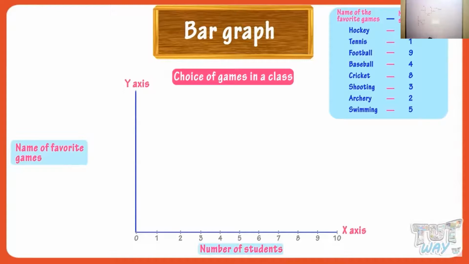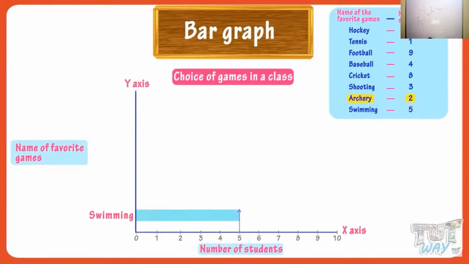Like, it's given that 5 students like swimming the most. So, make a rectangular bar on y-axis up to the mark of 5 and label it with swimming. Now, it's given that 2 students like archery the most.